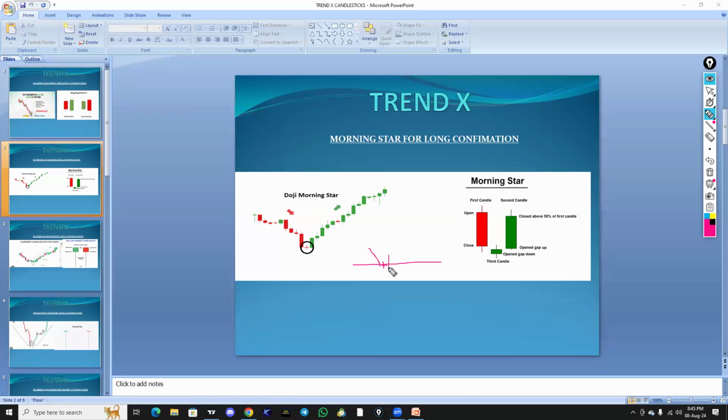After that, we'll see one green candle. Sometimes we'll see it below support also. So here our trade will start, and our stop loss will be below this zone. It should always be near a support.